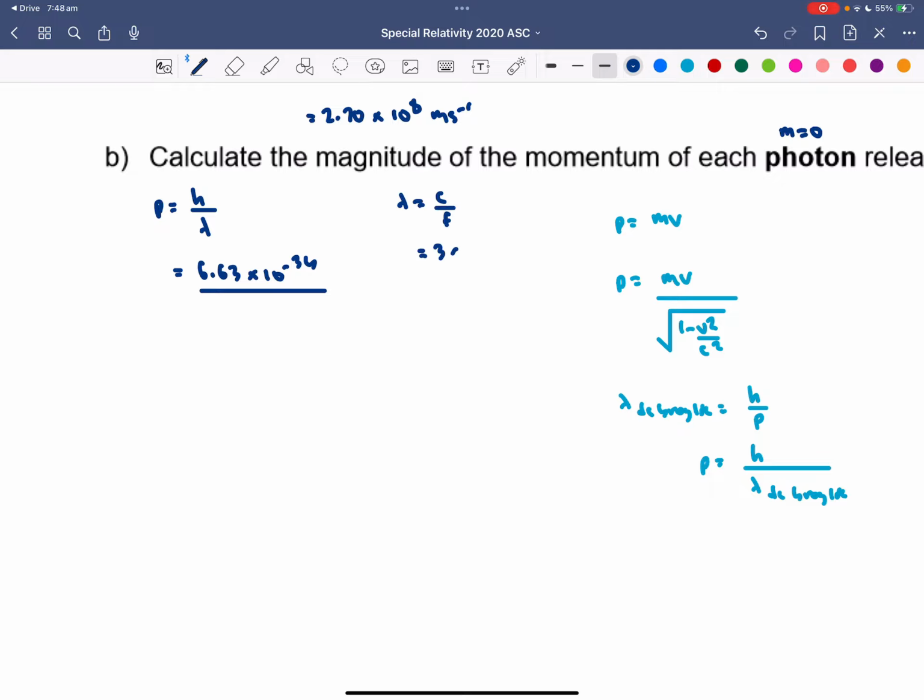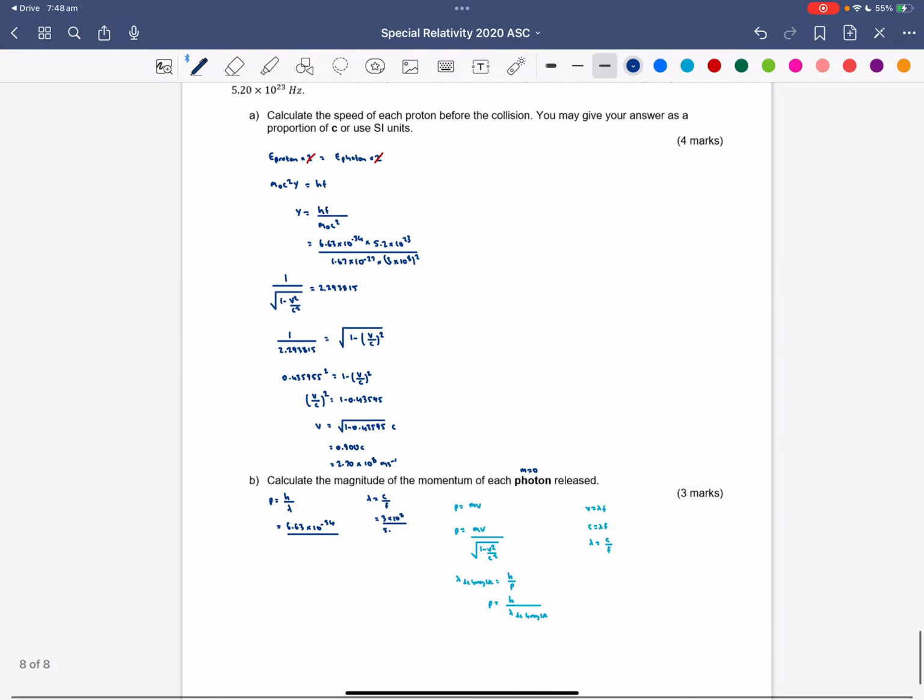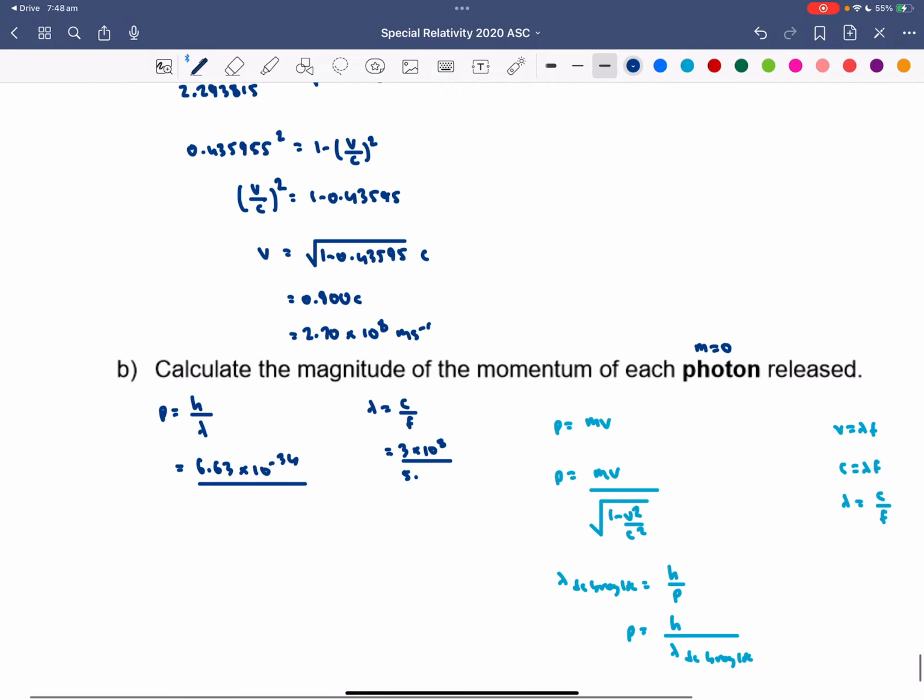I'll work out the wavelength first on the side. Wavelength is c on f. c is 3 times 10 to the 8. Frequency, they told us, is 5.2 times 10 to the 23. So first I'll work out the wavelength, and then I'll divide Planck's constant by that. This one's 5.77 times 10 to the negative 16.